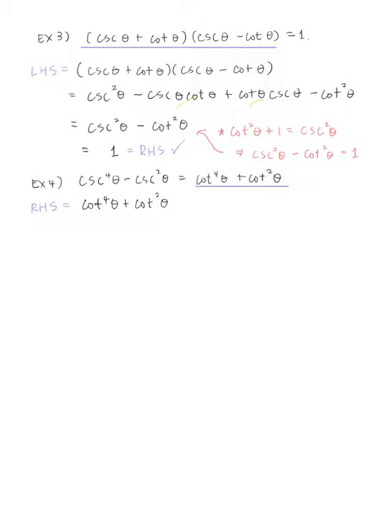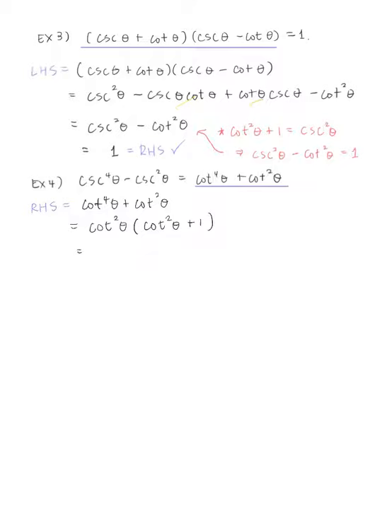Now feel free to pause the video and see if we can do this problem or not. Anyways, what I would do for this is factor out the cotangent squared. So let's see where that's going to take us. We got cotangent square of theta times cotangent square of theta plus 1. Okay, now let's take a closer look.